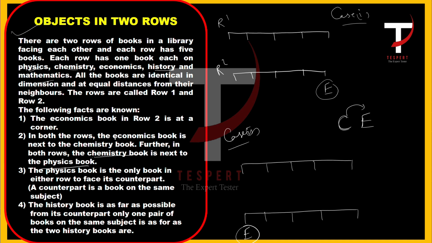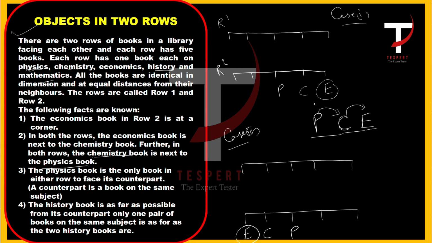So PCE is the order, in both the rows. Let us name in case 2 first. As E is there, C P is the order, and as E is there, P C is the order, PCE.